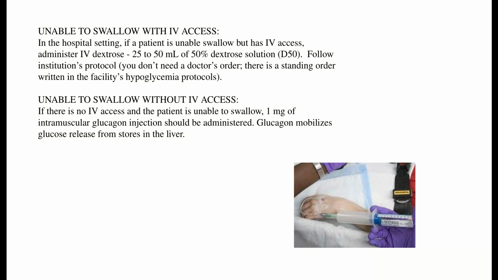So what if the patient is unable to swallow? Meaning unable to swallow the glucose gel or the carbohydrate. In the hospital setting, if a patient is unable to swallow but has IV access, you administer IV dextrose, 25 to 50 mLs of 50% dextrose solution or D50.